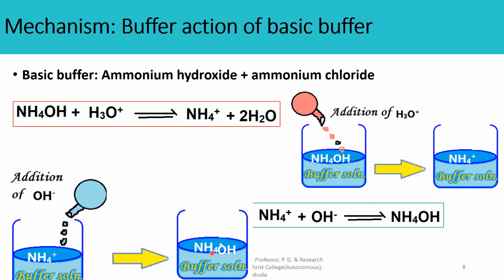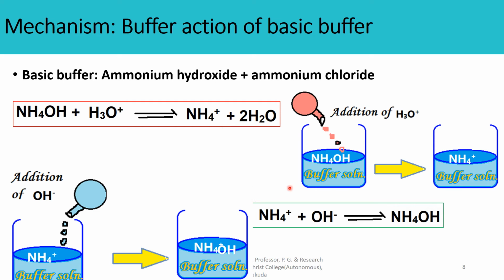So the buffer action here can be explained by the fact that addition of an acid is countered by ammonium hydroxide and the addition of a base is countered by ammonium ion. If we add acid to the basic buffer solution, its own ionized part is formed.